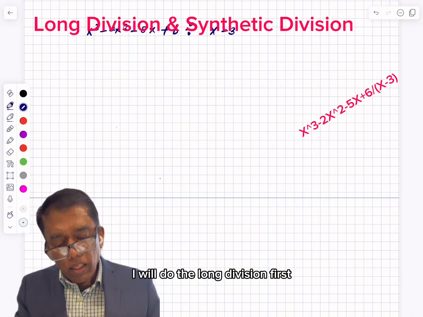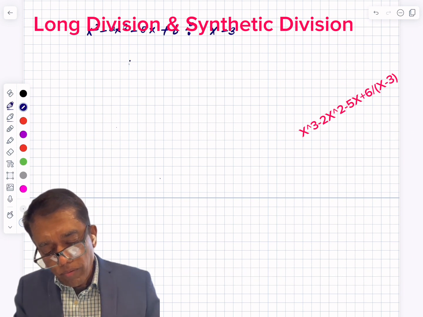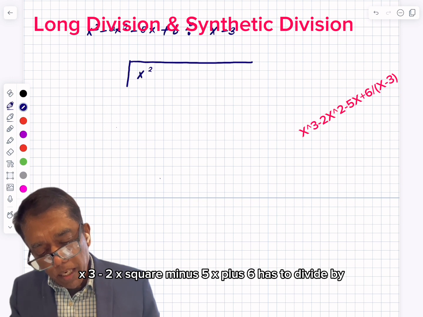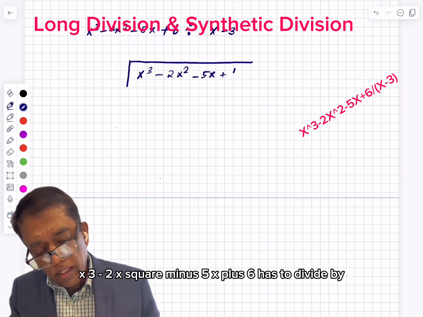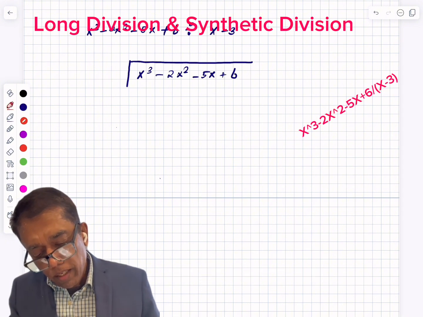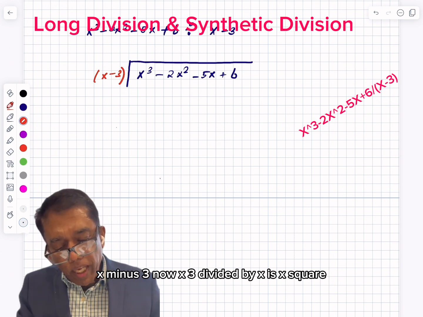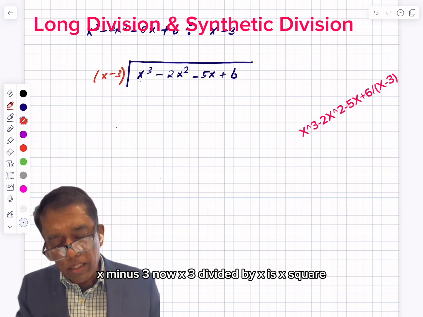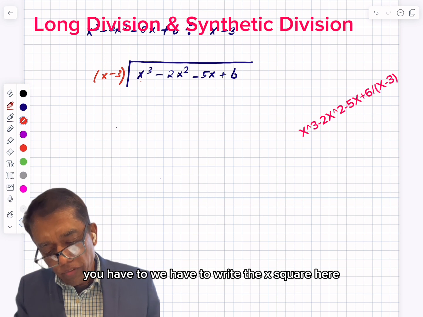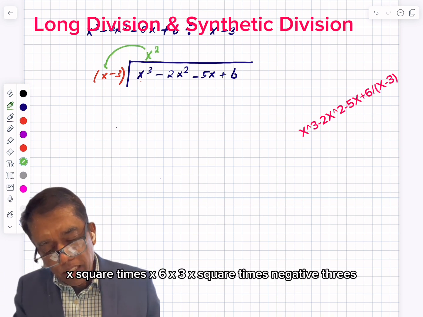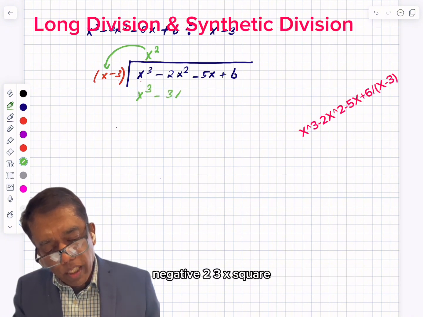I'll do the long division first. x3 minus 2x square minus 5x plus 6 has to be divided by x minus 3. Now x3 divided by x is x square. We have to write the x square here. x square times x is x3. x square times negative 3 is negative 3x square.